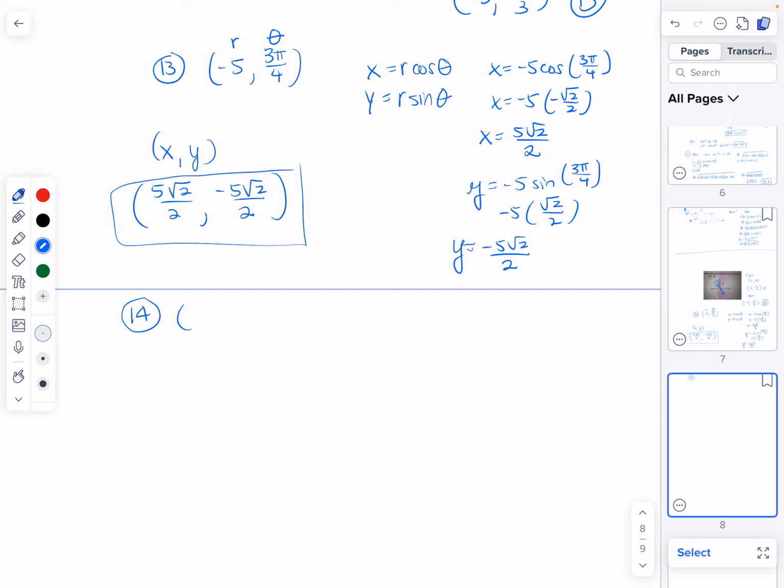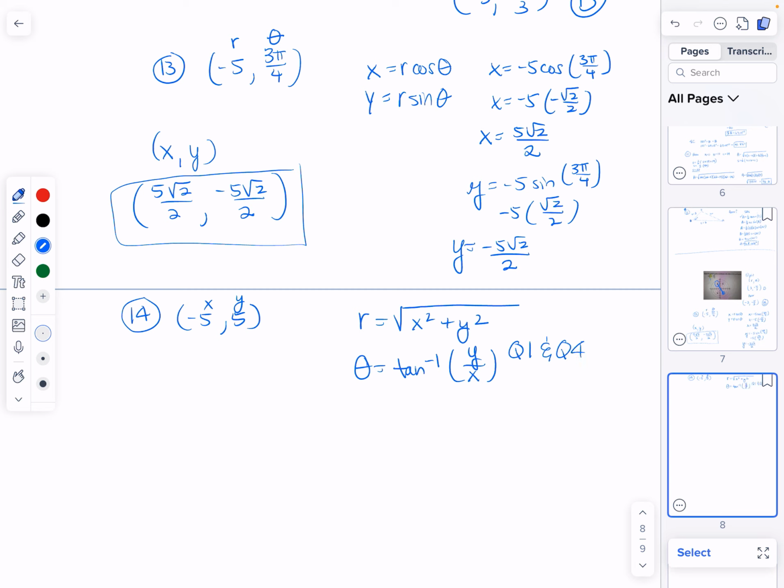So we have x, which is negative 5, and y, which is positive 5. Remember, we want r and theta. So r is equivalent to the square root of x squared plus y squared. And theta is given by inverse tangent of y over x, and this is for quads 1 and 4.